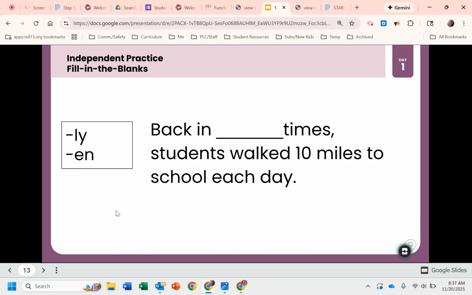Am I asking how they walked, or am I asking when they walked? I would be asking when they walked. The word they gave us is olden. Olden. So we need en as our suffix.